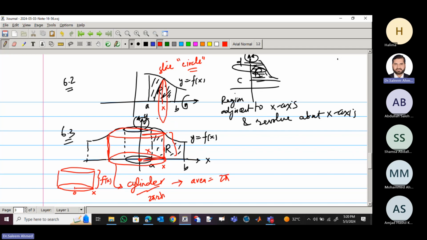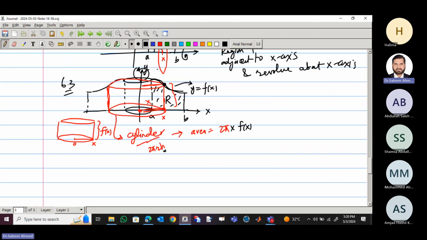See, on the black curve. You see, this height is on the black curve right here. So this height is your f of x, right? So it means my area of the cylinder becomes 2 pi x, 2 pi r is x, and h is f of x. So this is a cylinder, and I have to add all these cylinders, right?